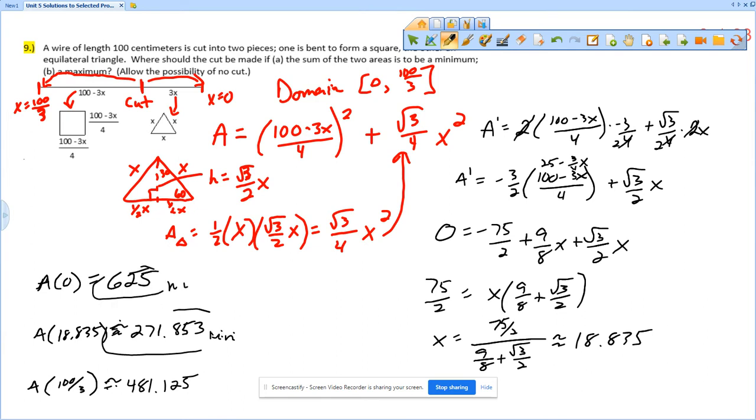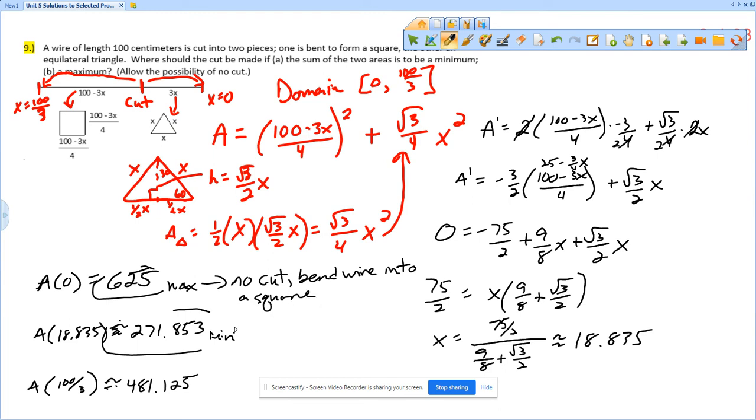So how do we actually answer the question? For the max, we are going to do what? Well, we're going to make no cut. But no cut means that the 3x is 0. So that means we're just going to bend the wire into a square. So for the max, you're going to say: no cut, bend wire into a square.